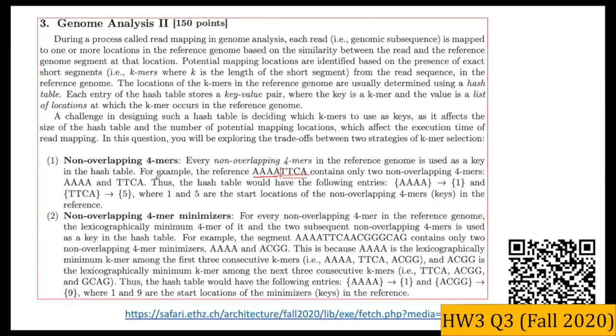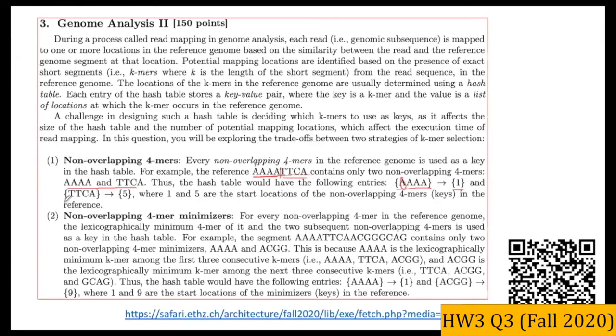And for these 2 extracted k-mers, the hash table would have the following entries: the first k-mer and its start location. The first character starts at index 1, assuming that we index starting from 1, not 0.